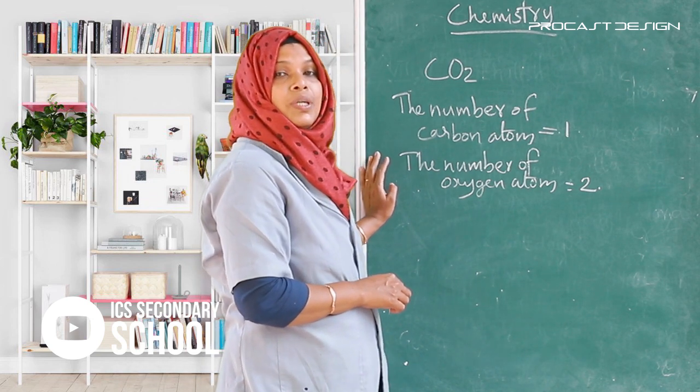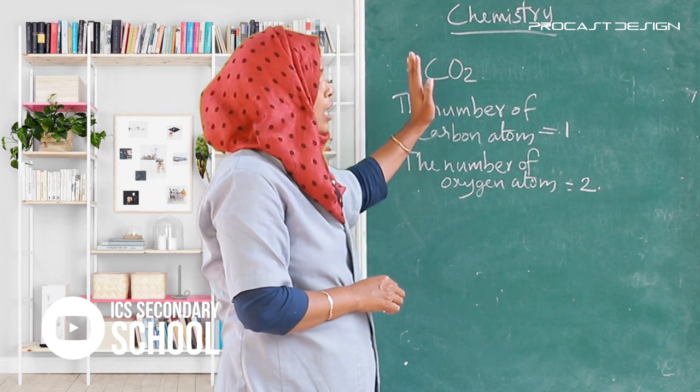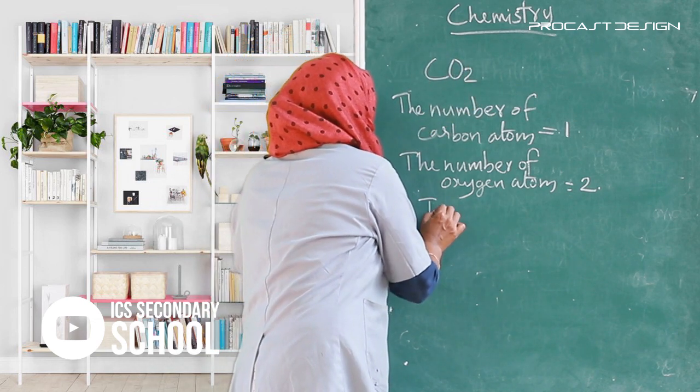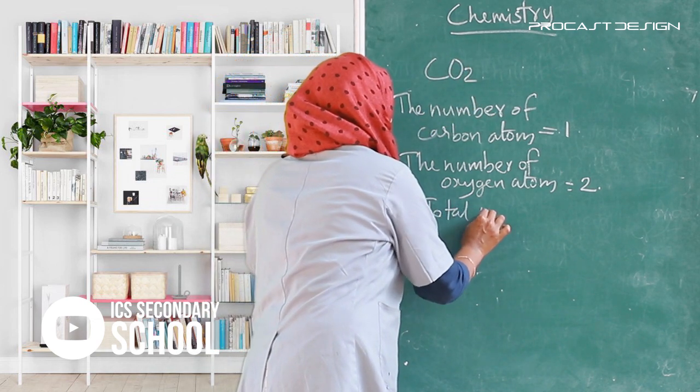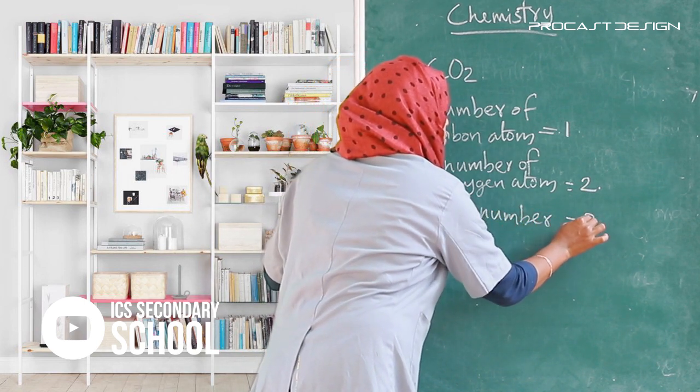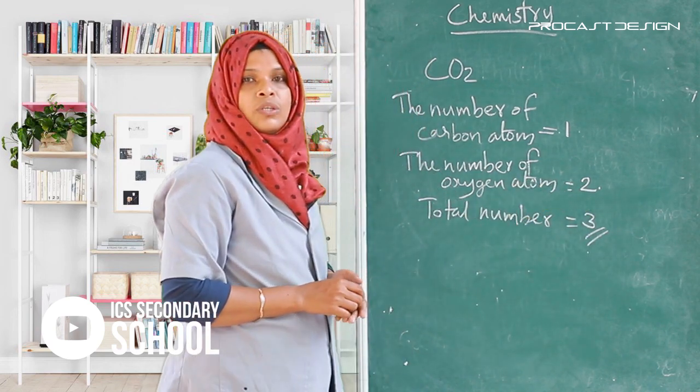Then find out the total number of atoms present in the carbon dioxide molecule. Total number equal to 3.